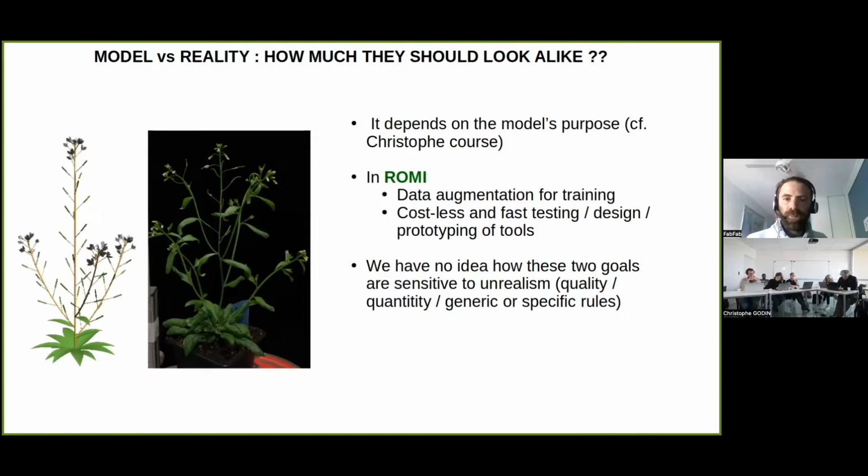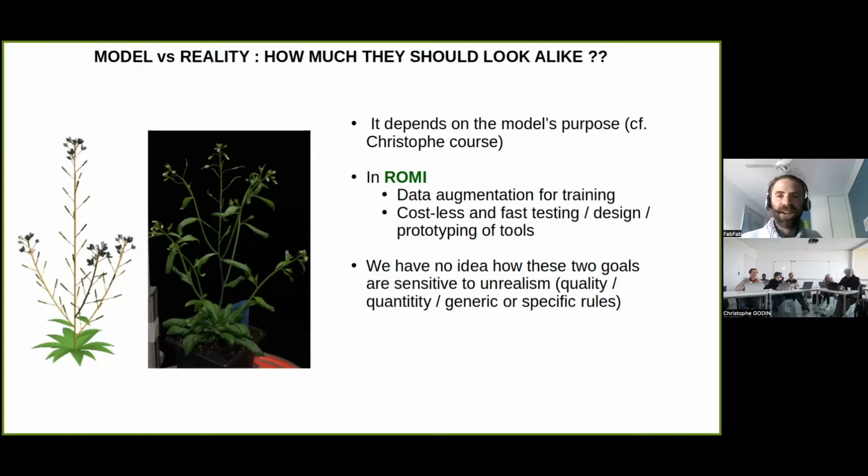And as I told you, once you have an objective, you have to question yourself whether realism and the realistic rendering of the plant is useful or not for your objective. And here, I must confess that we don't really know this, and it's an open question.